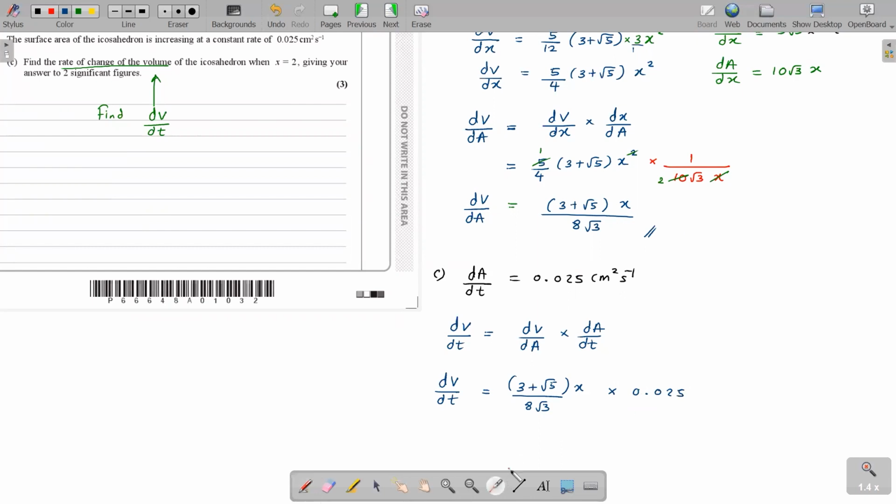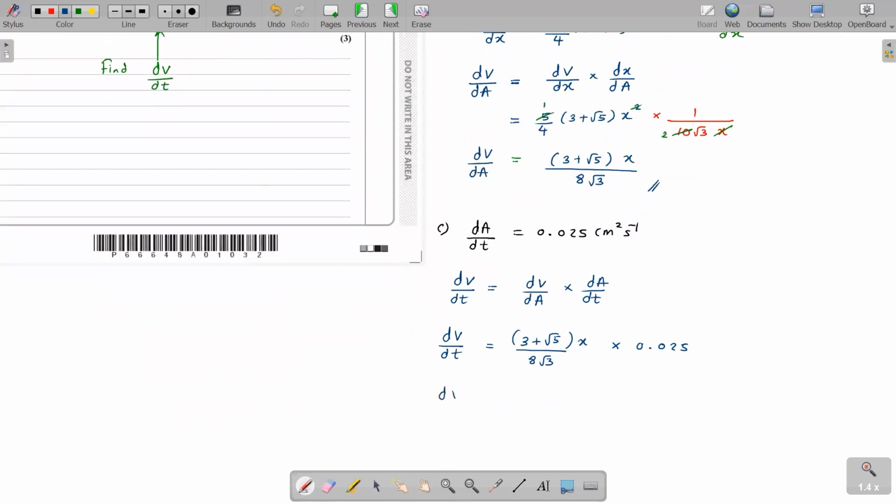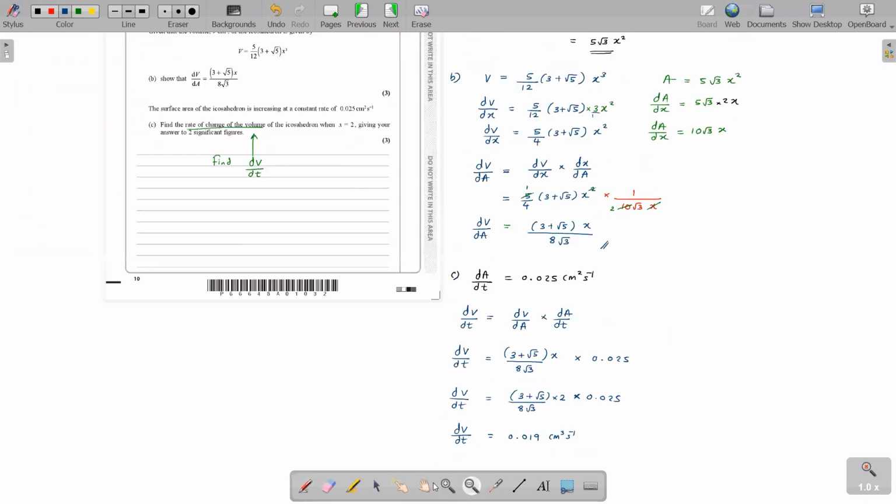And they've told us to use x equals 2, so replace x with 2, and your final answer should be given to two significant figures. 3 plus root 5 over 8 root 3 times 2, times 0.025, gives 0.019 cubic centimeters per second, because it's the rate of change of volume with respect to time.